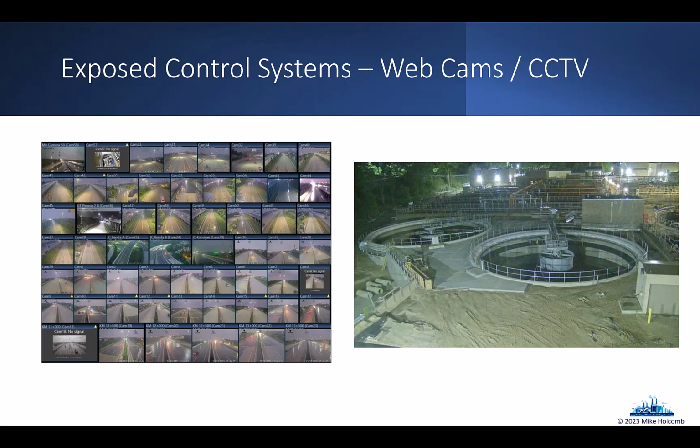And what if this water treatment facility is under our protection? We're trying to protect it. Again, we want to find this exposure and we want to get it fixed because that camera is more than likely on the OT network. The attacker gains access to the OT camera, then they have a foothold on the OT network.